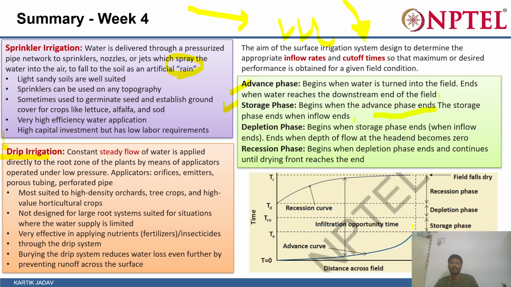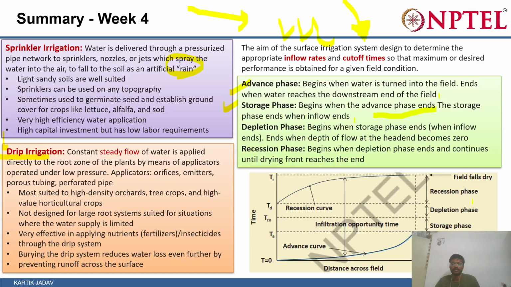Then you have the depletion phase. It begins when the storage phase ends, when inflow ends, and ends when the depth of flow at the head becomes zero. Then you have the recession phase. It begins when the depletion phase ends and continues until the drying front reaches the end.